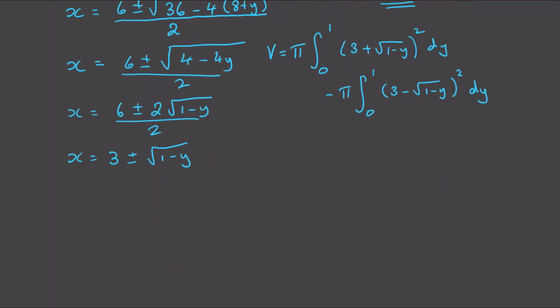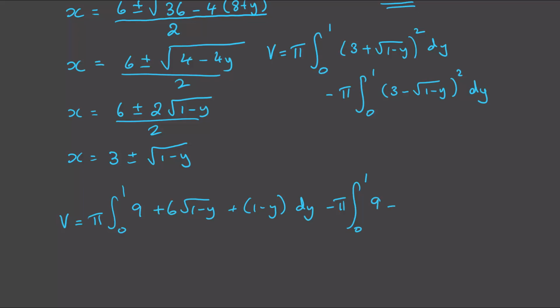Okay, so let's continue on with that. So we have pi times the integral from 0 to 1 of 9 plus 6 root 1 minus y plus 1 minus y, take away pi times the integral from 0 to 1 of 9 take away 6 root 1 minus y plus 1 minus y dy.